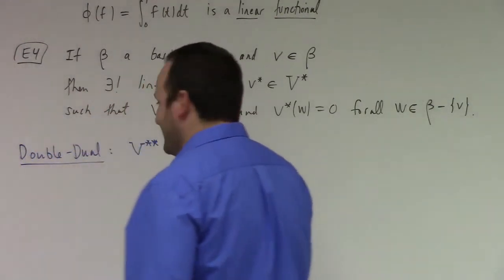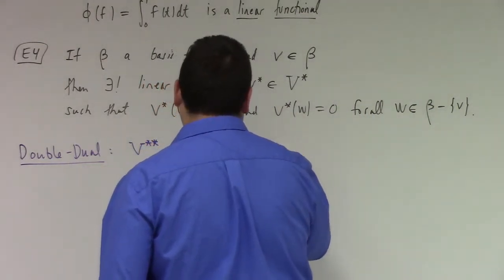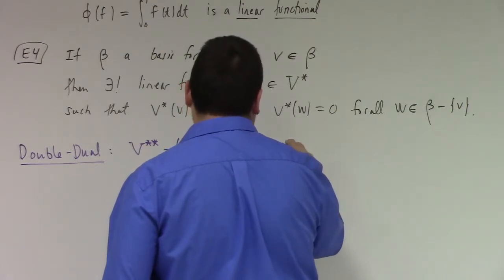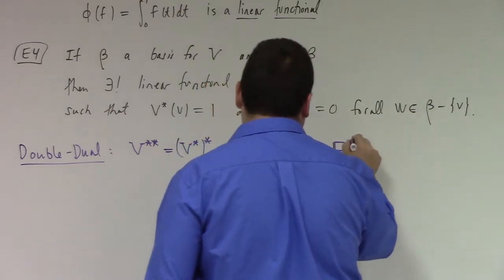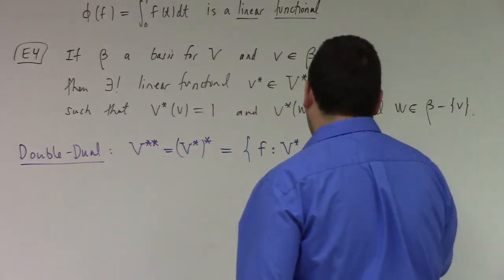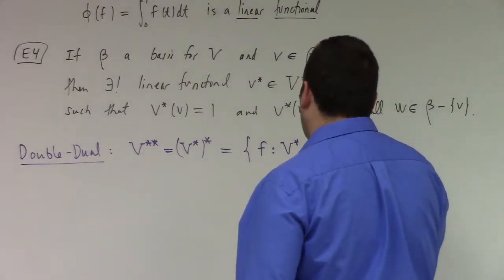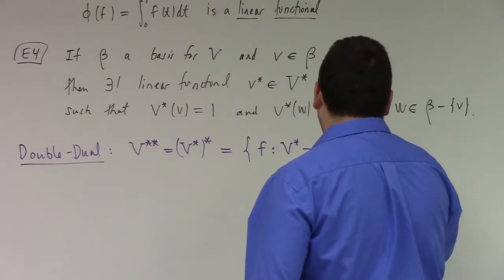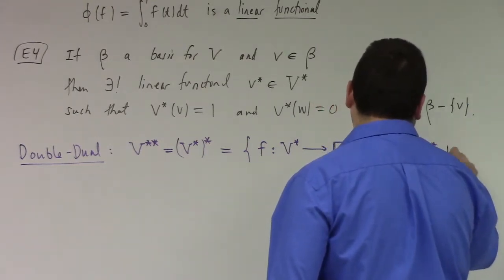Like so. So what this would be is F, a mapping from V dual to the scalars, such that F is linear. You can replace this with the reals if that's helpful to you, but it could be the reals or the complexes. So it's a linear map from V dual to the scalars.